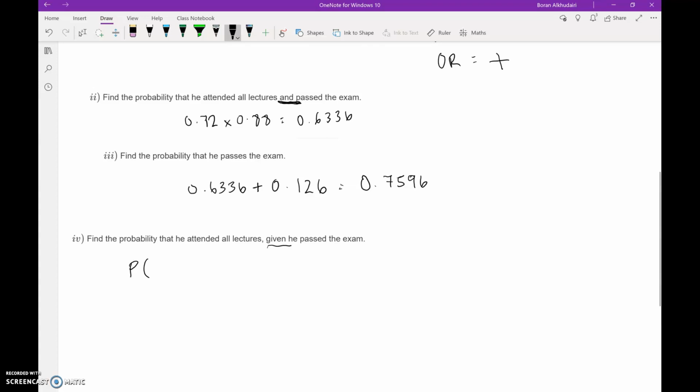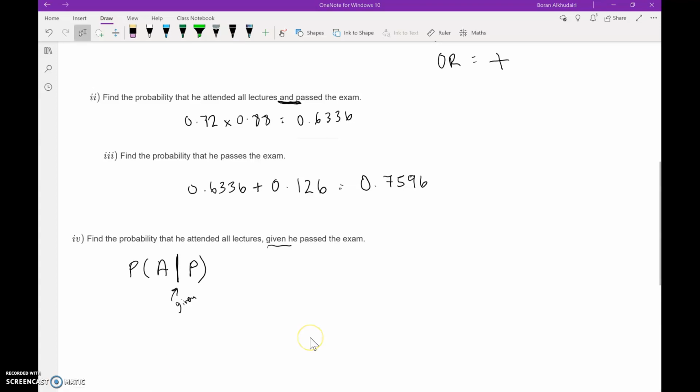So probability that he attended all lectures, given, that line means given. So the way you read it: find the probability that he attended all lectures given that he passed an exam.